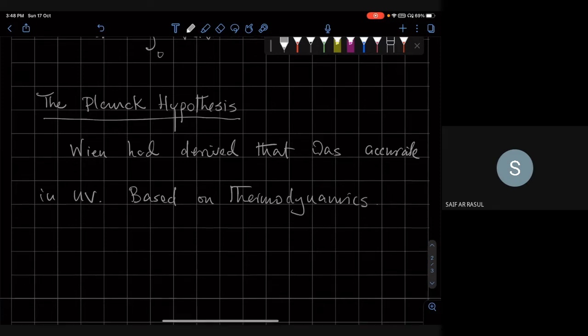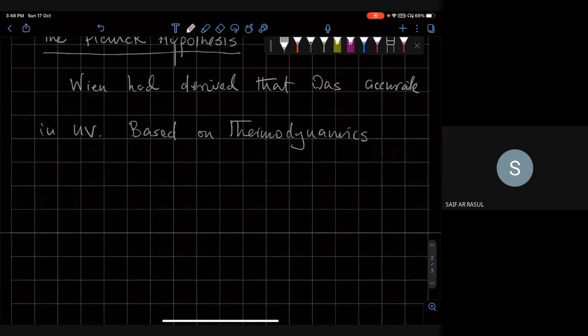One of the things about thermodynamics is that it is kind of agnostic about what the constituents of matter are. It makes a more general statement. So it didn't talk about the nitty-gritty of the particles that gave rise to this radiation law.